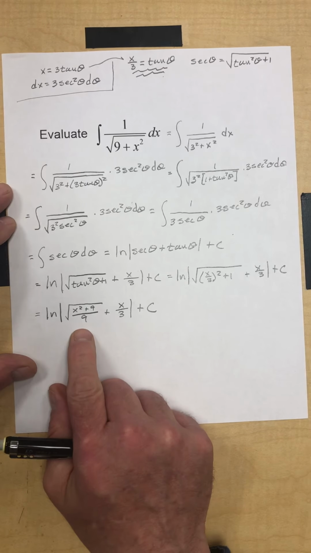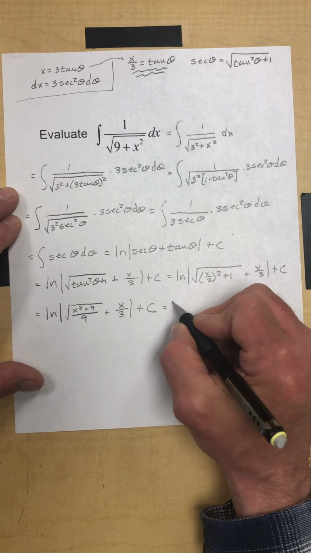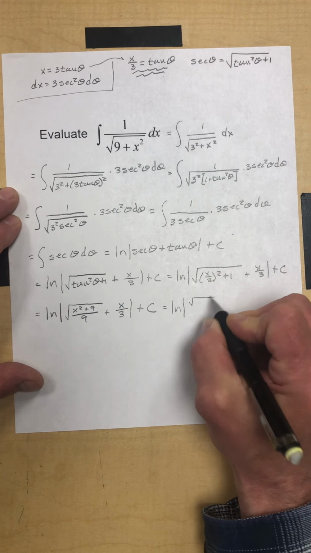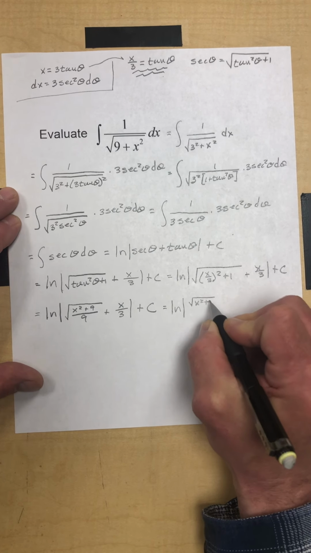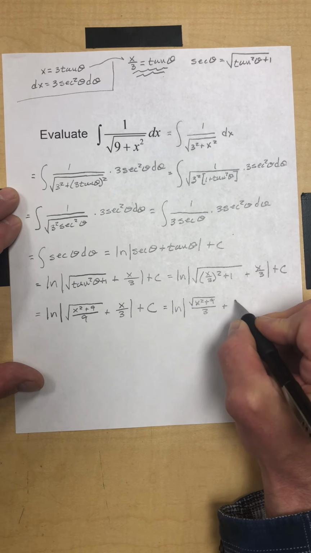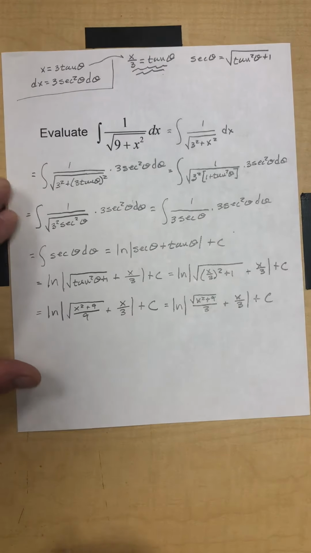Now notice this denominator in the radicand is a perfect square, so I can take the square root of that. So this gives me the natural log of the absolute value of the square root of x squared plus 9, all over 3, plus x over 3, plus a constant of integration.